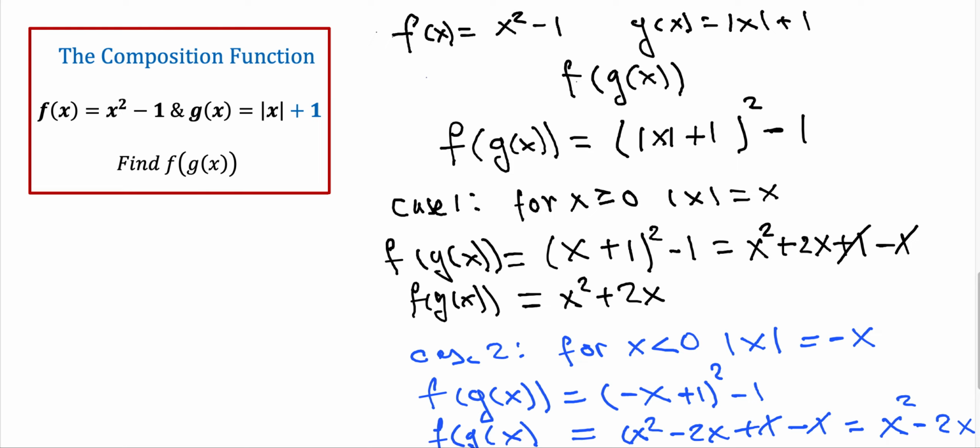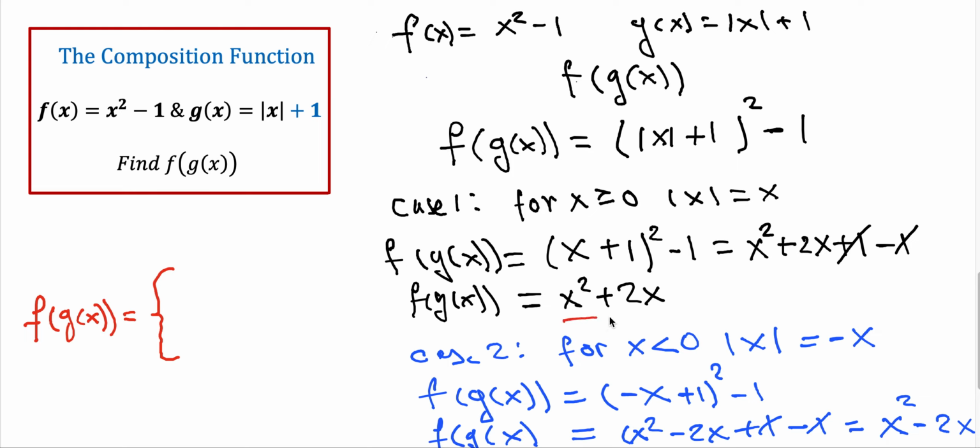But now, what I'm going to do here, I want to write this function f of g of x as a piecewise well-defined function. So let me erase this here. Okay, so f of g of x is going to be, I'm writing it as a well-defined piecewise function.